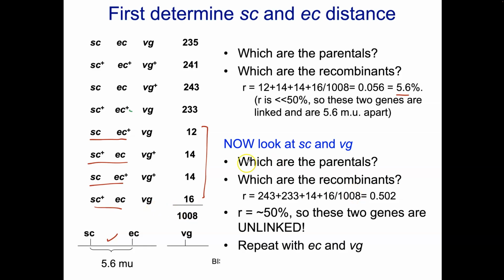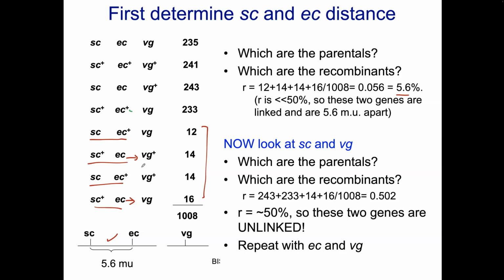And then you can just logically see that each of these categories, the scute wild type and echinus mutant, is equally likely to be associated with the mutant for vestigial or the wild type for vestigial. And the same with all the other categories. Each of these categories for scute and echinus is equally likely to be seen with vestigial wild type or not.